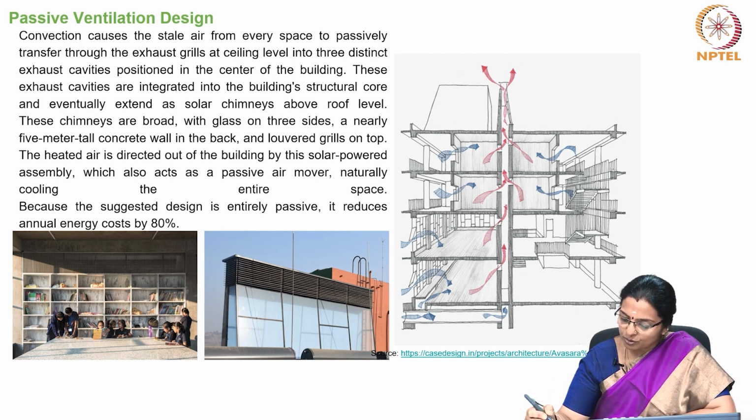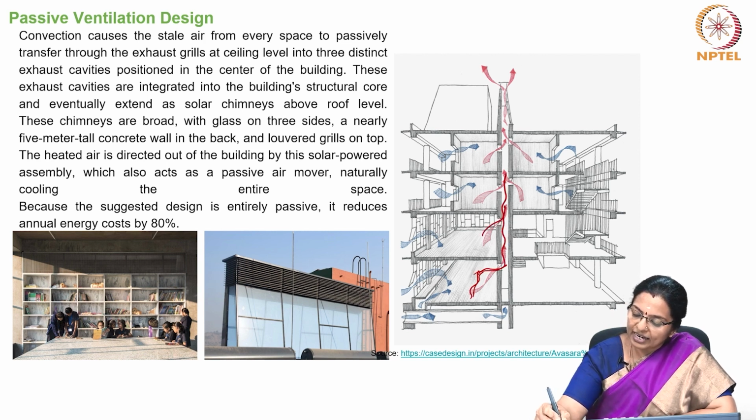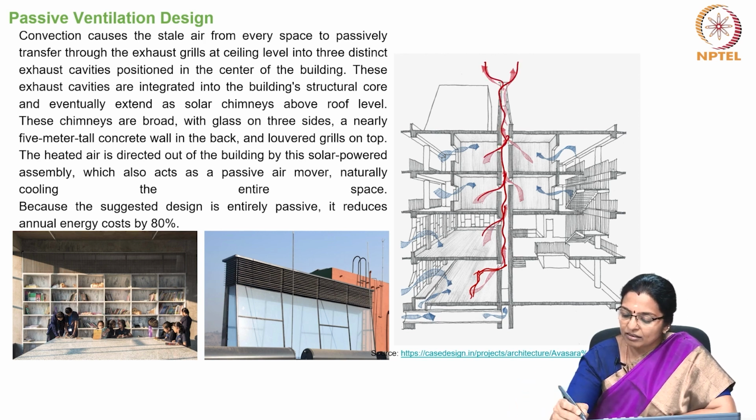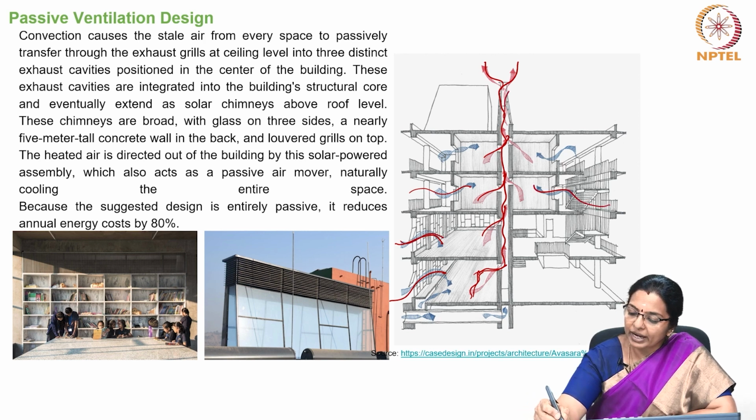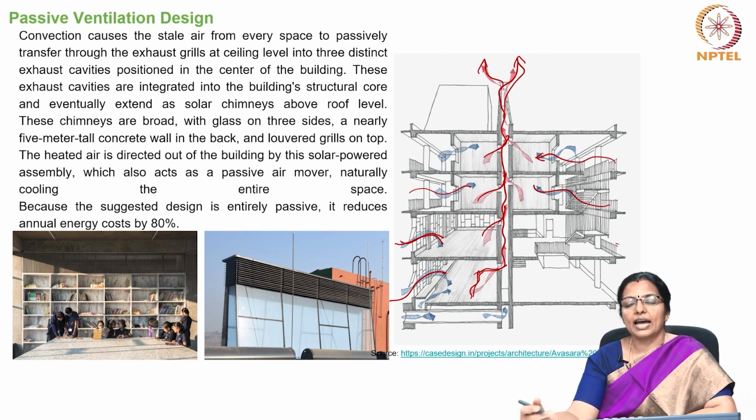So, here is the solar chimney, which, because warm air is lighter, it rises in the room and there is a vent through which the warm air rises and leaves the chimney, whereas the cool breeze comes from specific inlets. There are specific outlets for the warm air to leave through the chimney and specific inlets for the cool air, creating an air movement because of the buoyancy effect.